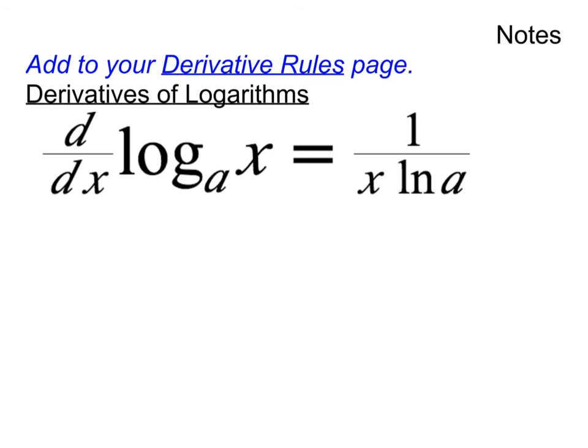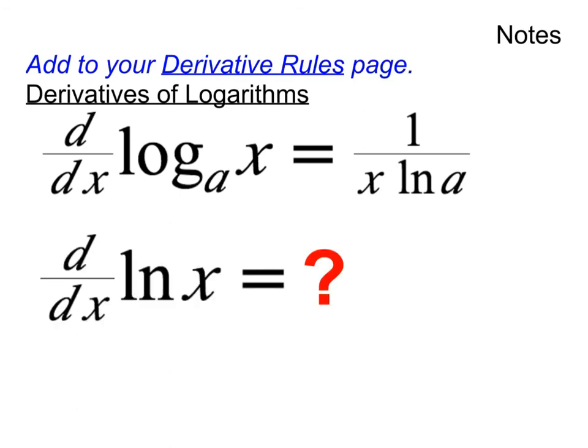Now, once we have that down, there is one other logarithm that we have not discussed here, right? What would the derivative of natural log of x be then? All right, so of course, natural log is the same as log base e, right? So we're going to be doing it for log base e of x. So then, that would give me 1 over x natural log of e.